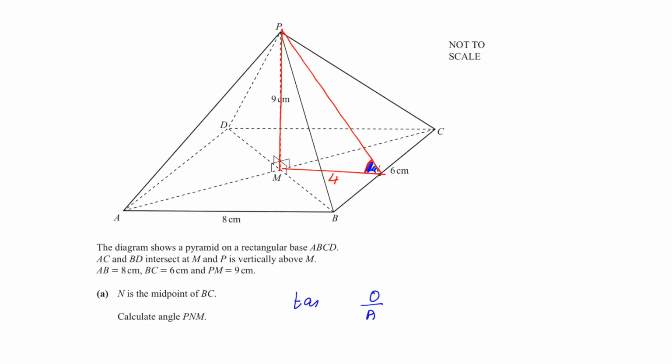That means we are going to use tan. Tan N is equal to opposite over adjacent. Therefore, angle N is equal to tan inverse 9 over 4. This will give us 66.03. We can round it to 66 degrees.